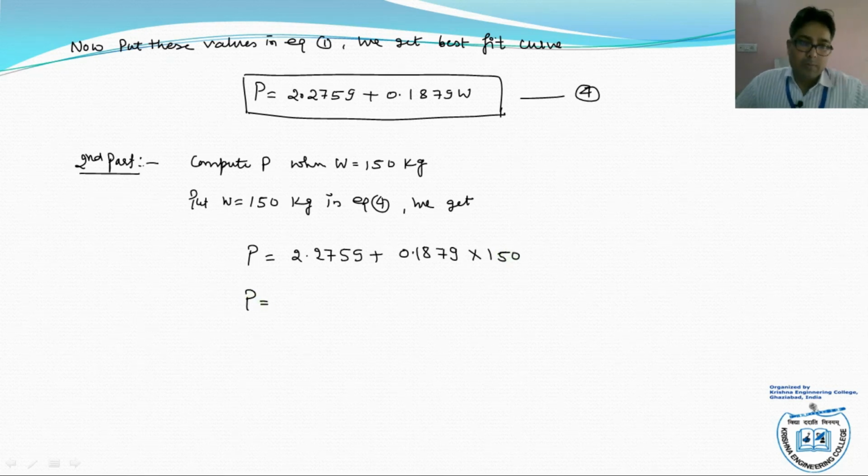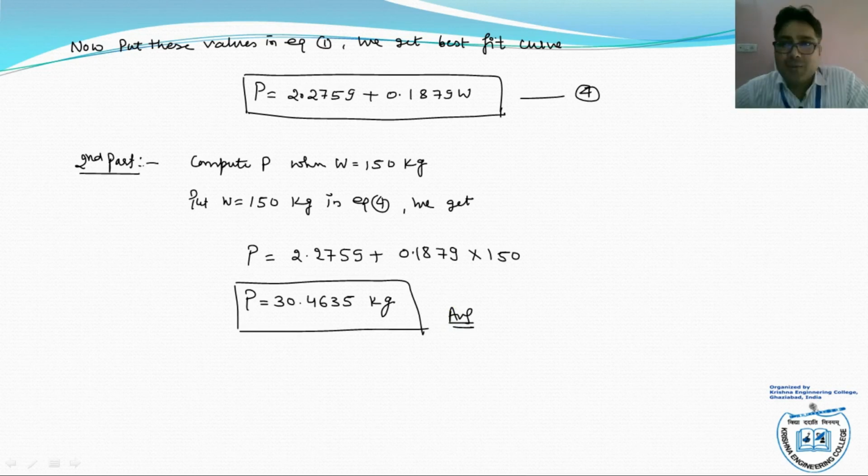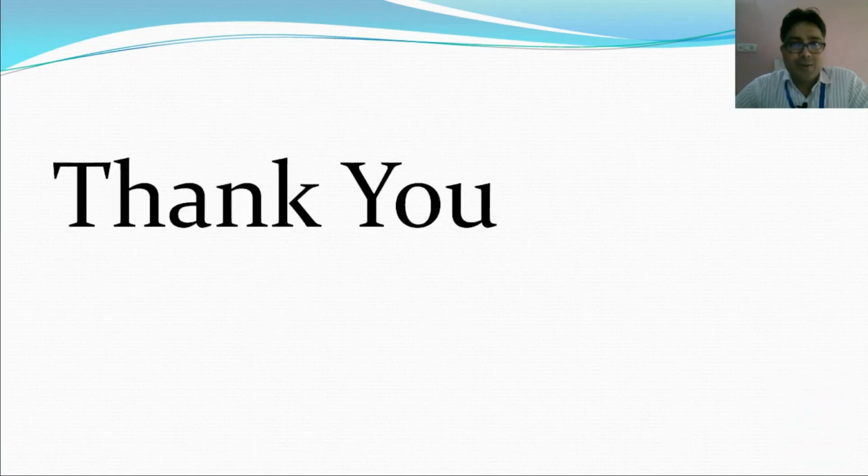So by calculating with the help of the calculator, this becomes 30.4635 kg. This is the required answer. I hope you understand very well the curve fitting of the straight line. Okay, thank you.